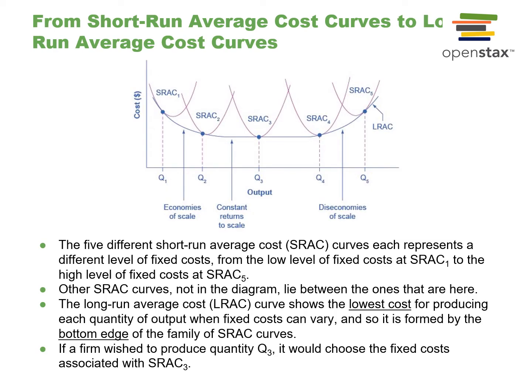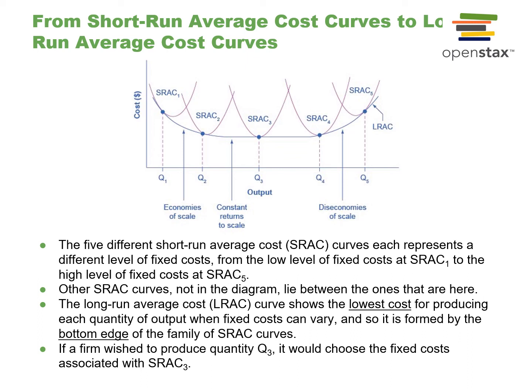Here, on a cost-per-dollar basis, you have several short-run average cost curves. Each one represents a different level of fixed cost, from the low level here, to the high level of fixed cost here at SAC 5.